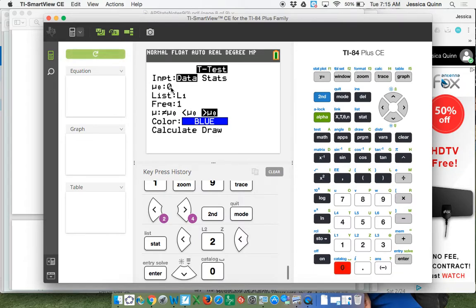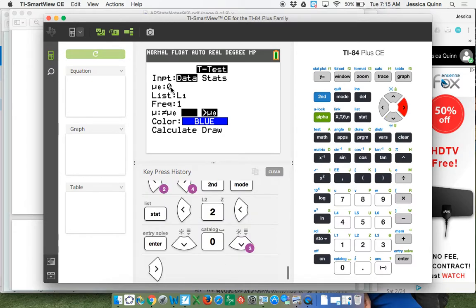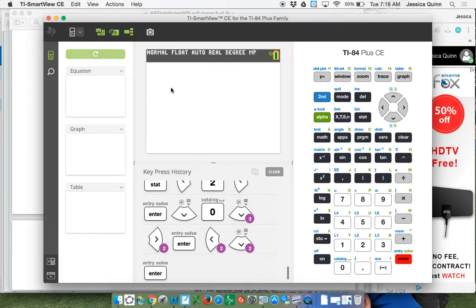I put all my data in L1, and I wanted to count each thing once. Our alternative hypothesis is that it's greater than. You can calculate or draw. If you just calculate, they give us that our t value is 3.53. Our p-value is 0.0027. N is 11, which means our degrees of freedom was 10.